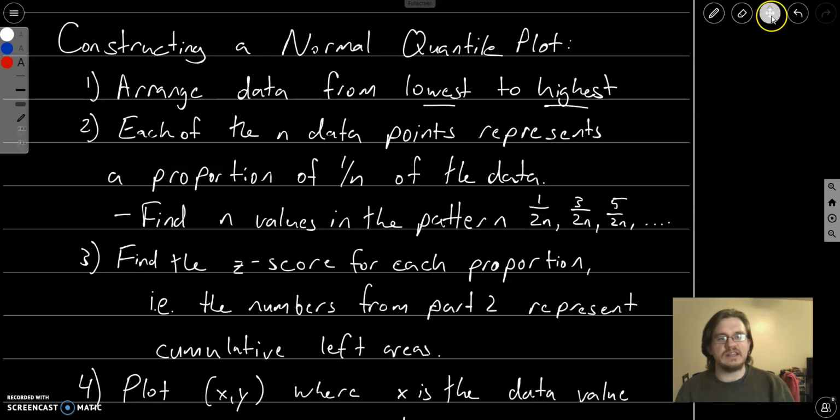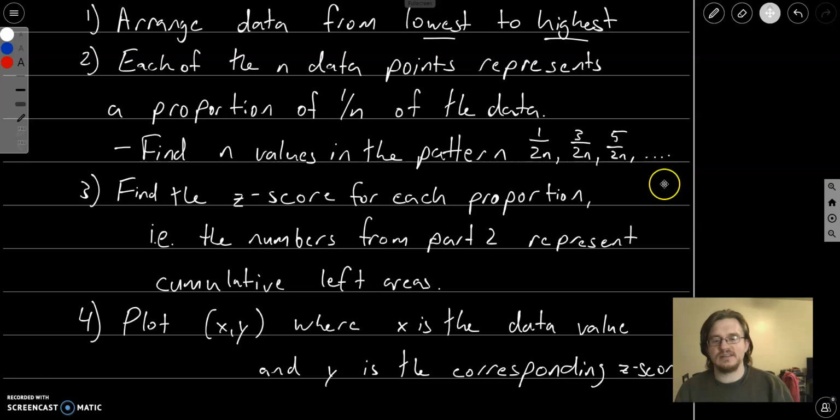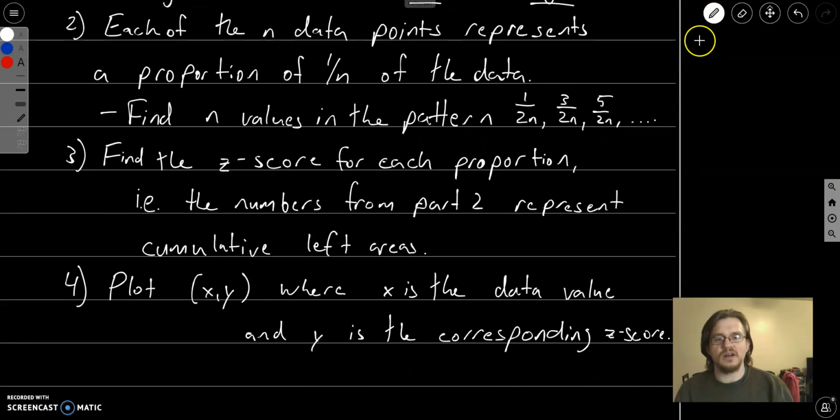Okay, we'll use these values in the next part, where those values are values between 0 and 1, and they're going to represent areas in the normal distribution. So if we imagine that we have a normal distribution, we're going to be using these areas to say, oh, we want to find the z-score that corresponds to this area here.